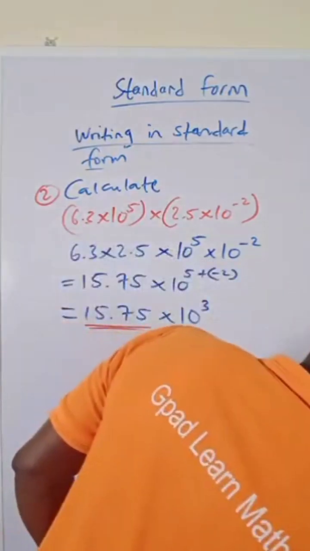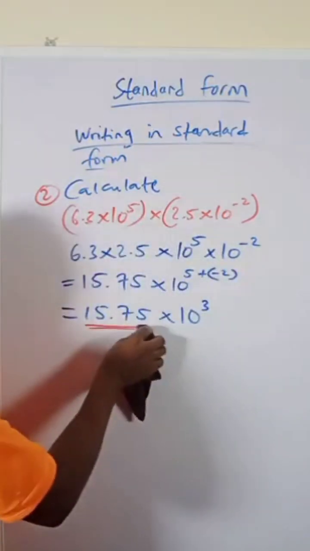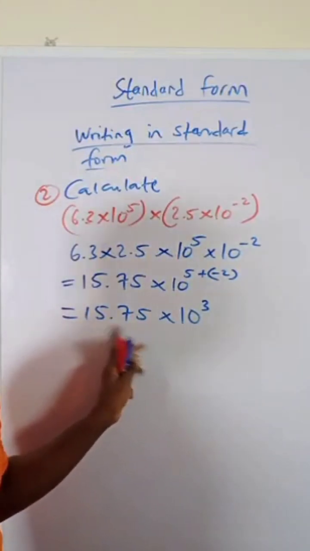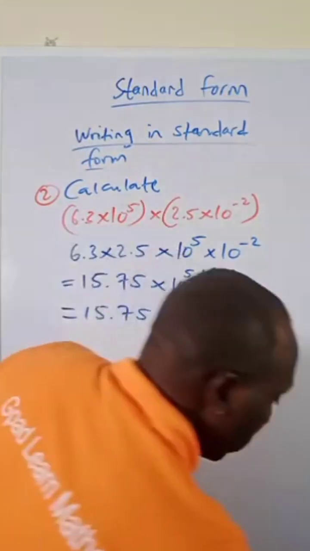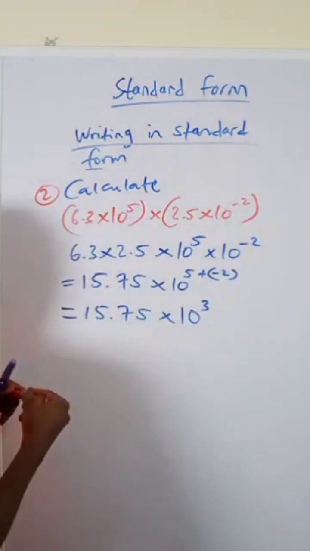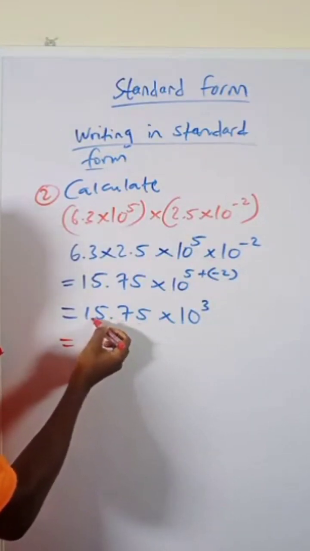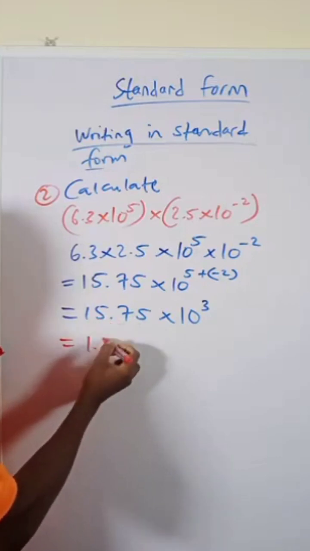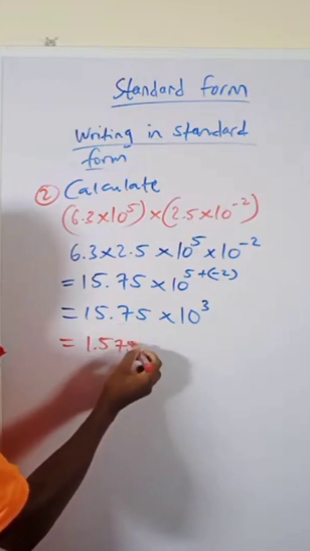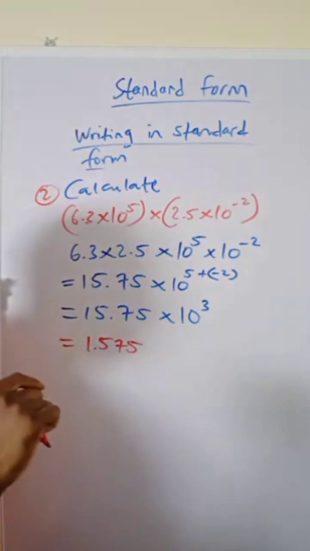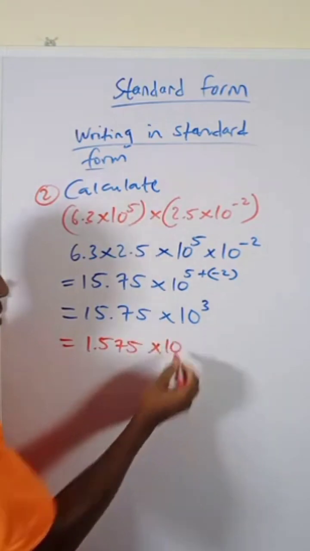I'm going to do something. There are different things you can do. I can just rewrite this in standard form again. So see what I'm going to have. I will shift this decimal point to the left until I have 1.575. And because I just had one movement, it will be times 10.